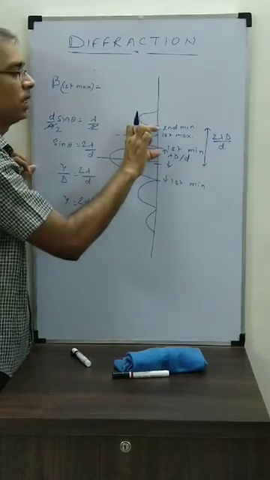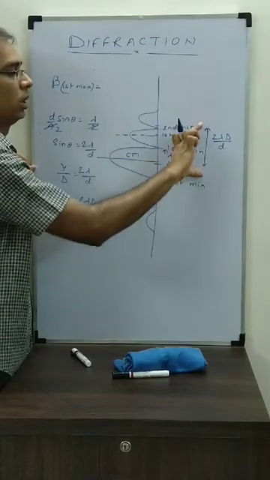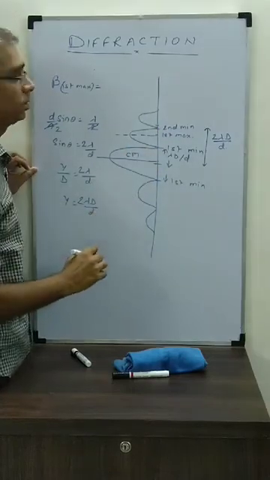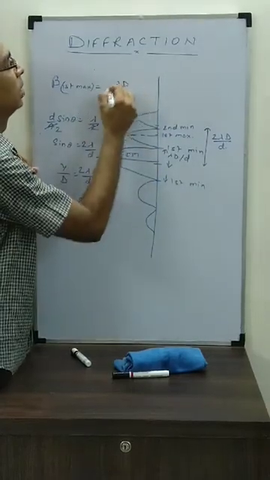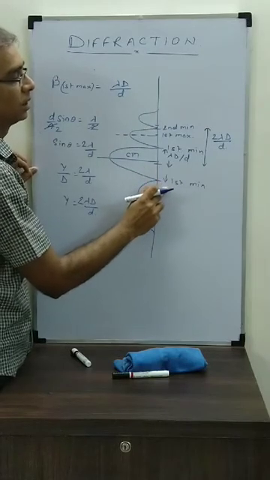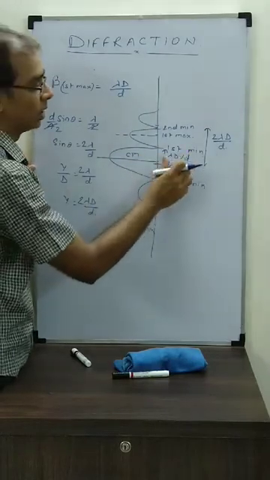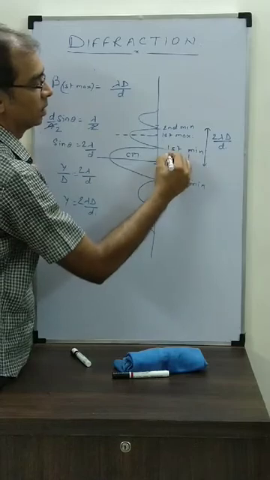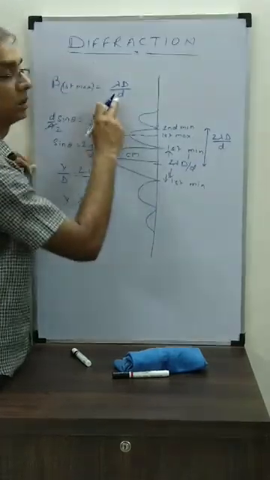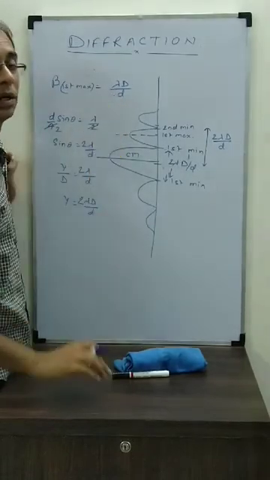So how much is this then? This is 2 lambda D by d and this is lambda D by d. So what is the fringe width of first maximum? It is coming lambda D by d. That means half of the central maximum. Central maxima is 2 lambda D by d, and first maximum is lambda D by d.